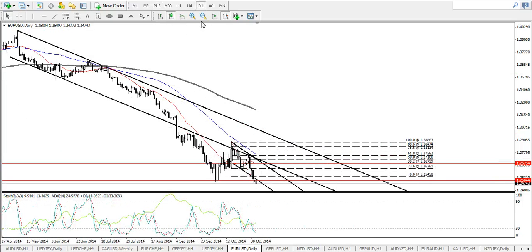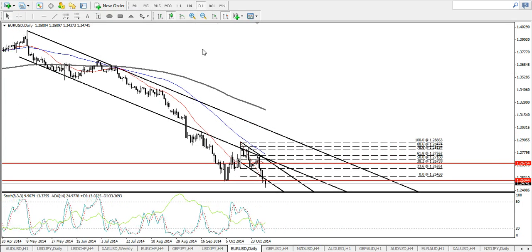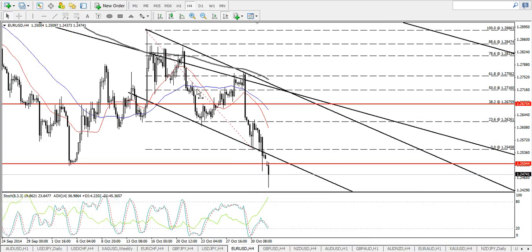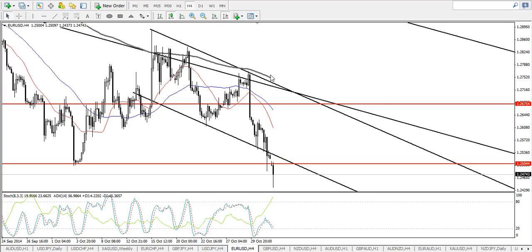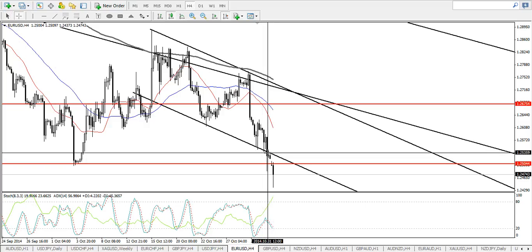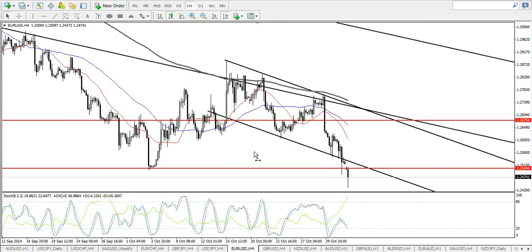Alright, coming back to the day chart itself, we do see that there's a falling trend channel, and price has been resisted at the bottom of the trend channel after it has broken below it. Right, back to the 4-hourly chart, we can see that there is another minor falling trend channel coming down, and it has broken below this falling trend channel.